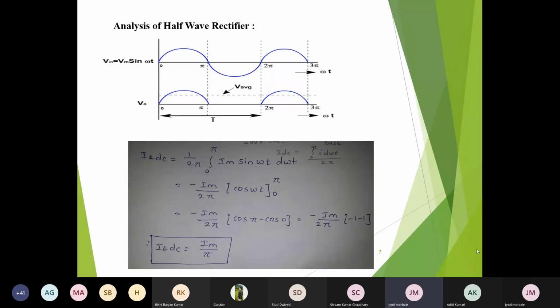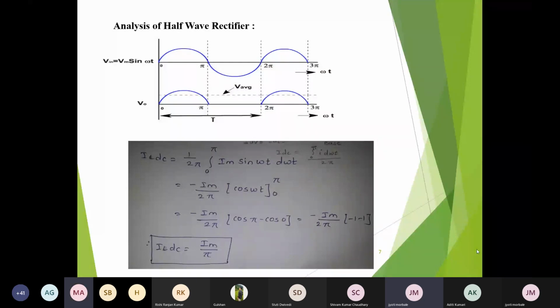Sin omega t because this is a sinusoidal signal. 0 to pi positive half, pi to 2 pi negative half, 2 pi to 3 pi positive half of the next sine wave. So 0 to pi the diode is on, you can write here 0 to pi diode on, pi to 2 pi diode is in an off state.